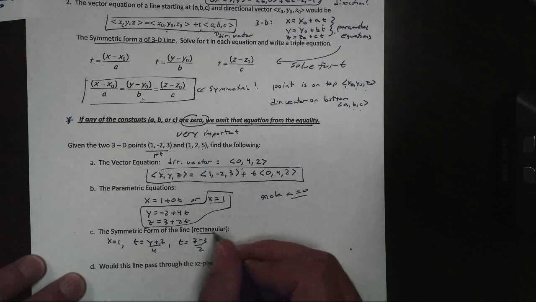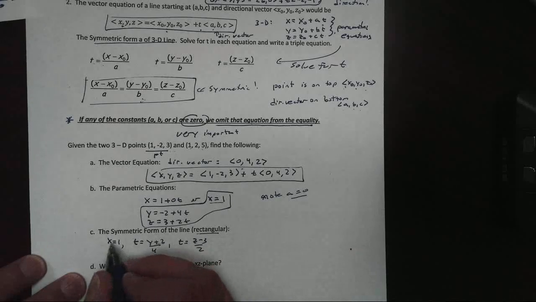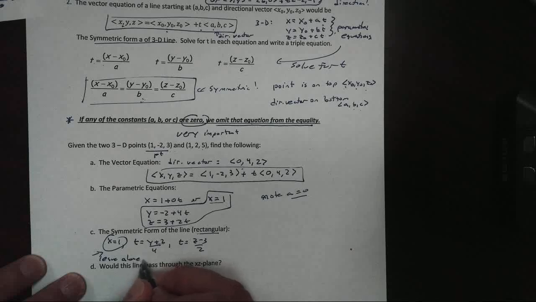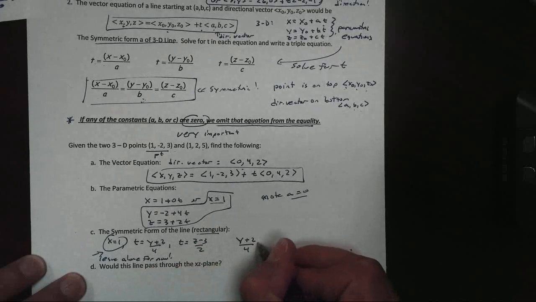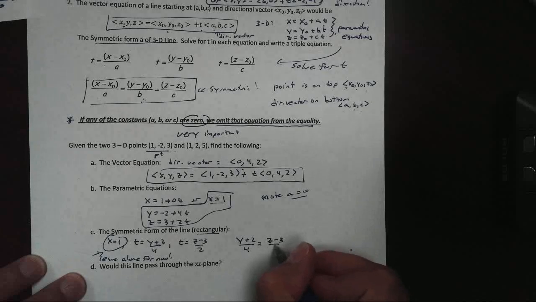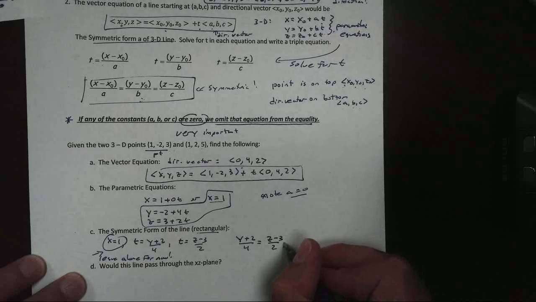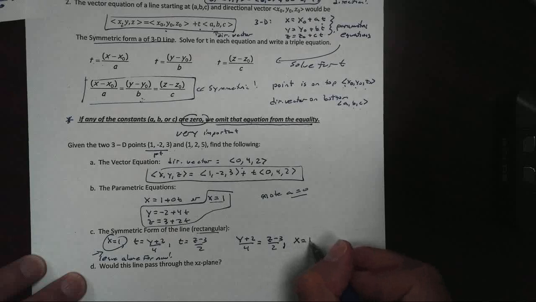So in symmetric form or rectangular, we would get, now notice, I'm going to leave this alone for now because there's no t on this one, so I can't really compare it with these two. So we say y plus 2 over 4 equals z minus 3 over 2, and at the end, a comma such that x is 1.